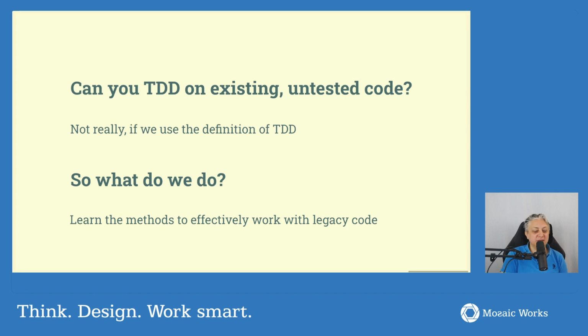But this doesn't mean that TDD is not useful on existing code. It just means that the applicability of test-driven development is on a certain domain, and you need to use other types of methods in order to enable you to use TDD on existing code.